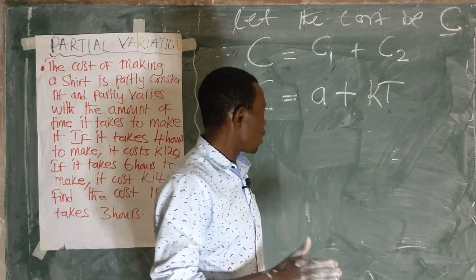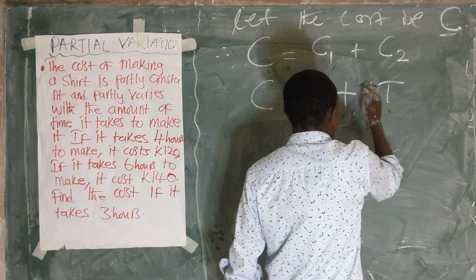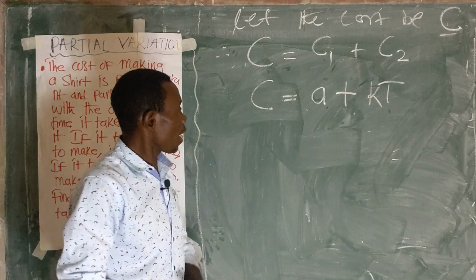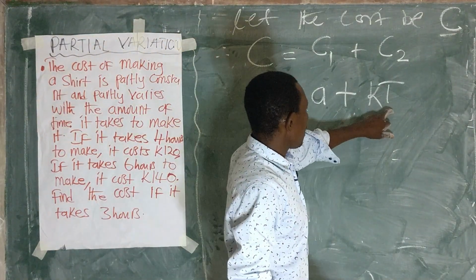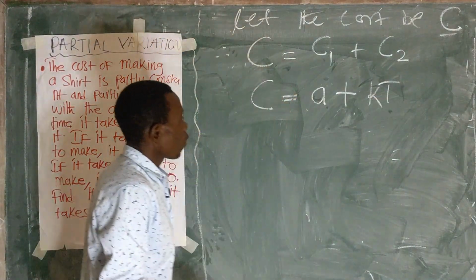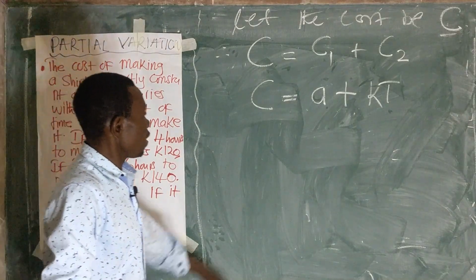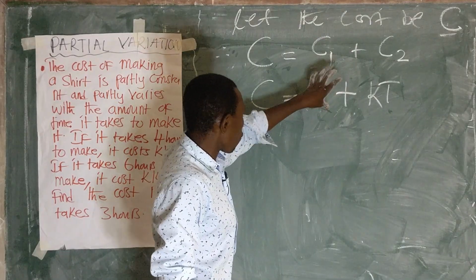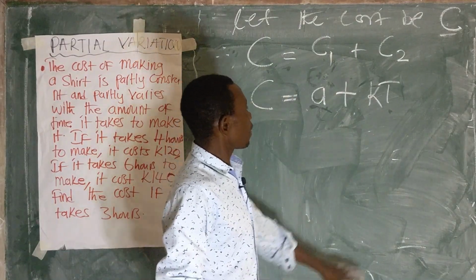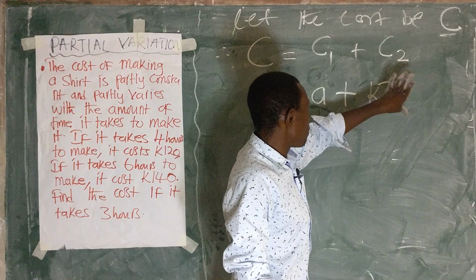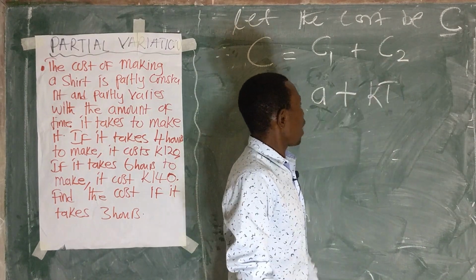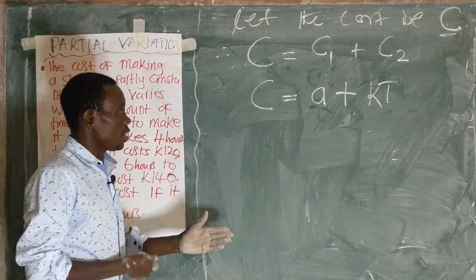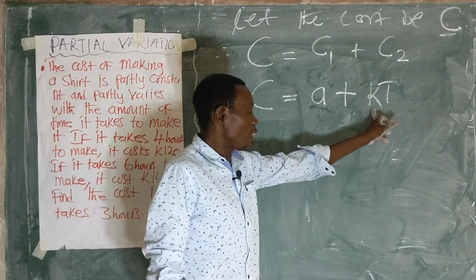So the quantity will always be there when you multiply a constant by the other quantity. Here, C1 is the cost which is not changing, but this other cost depends on the amount of time it takes. So there must be another constant.